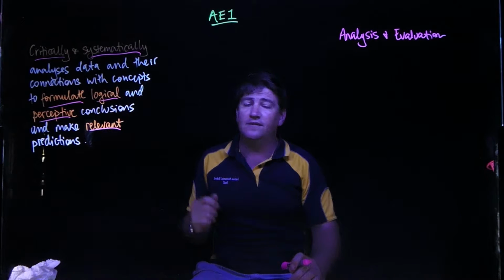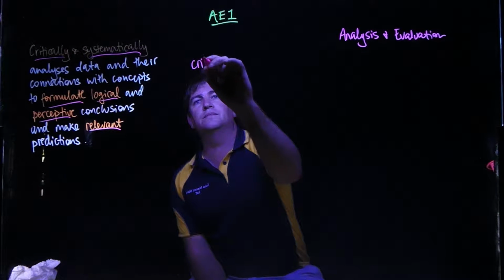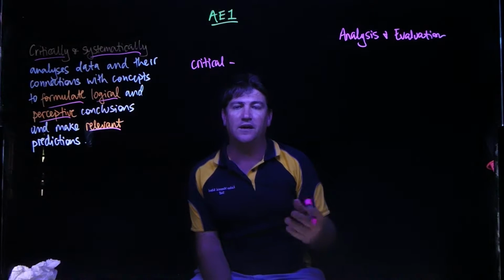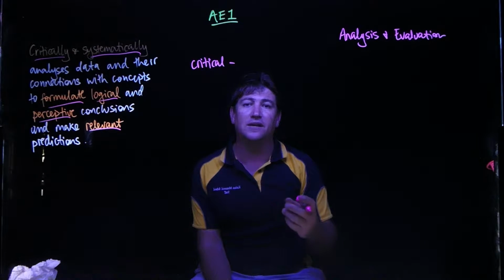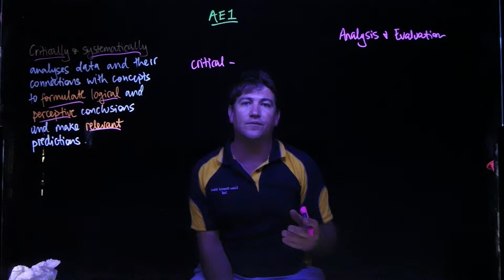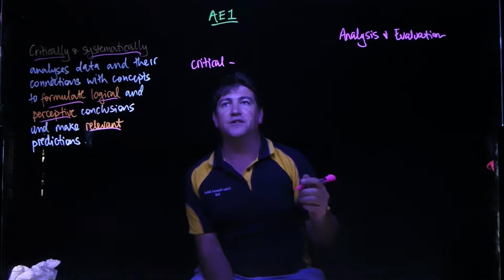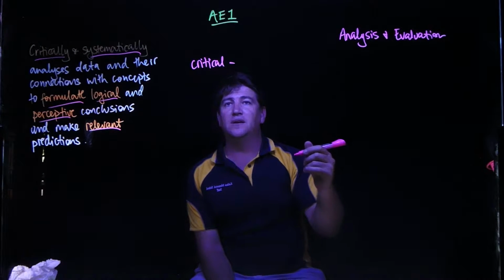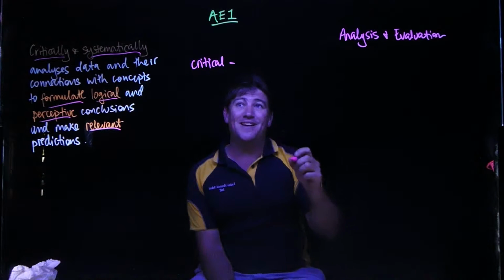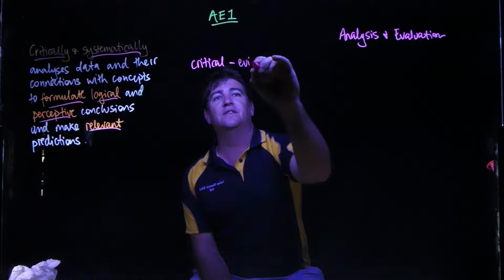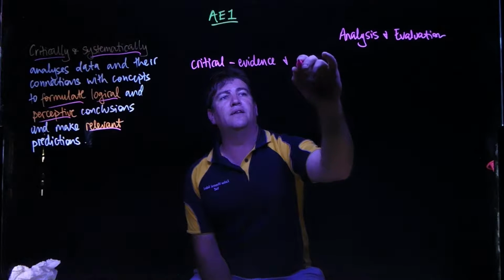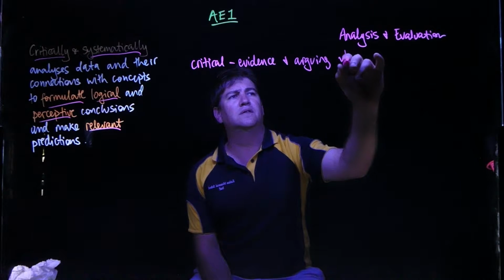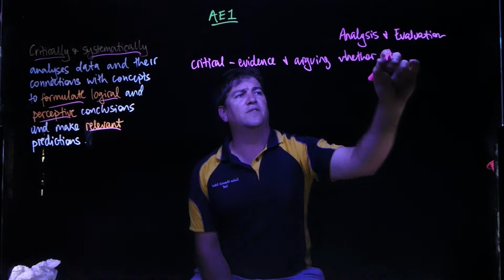So, critically and systematically. If you are critical, what you're actually doing is looking at the evidence that you've collected by doing some sort of experiment or investigation. You're analysing, looking at the evidence and arguing whether it's valid.